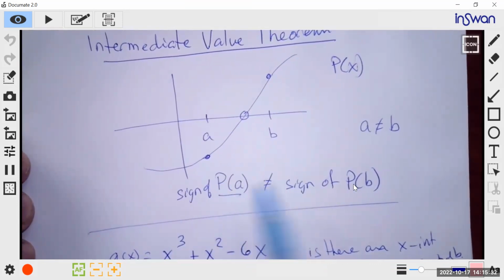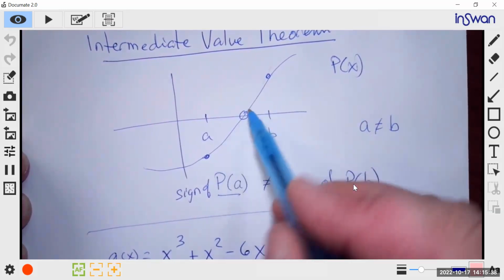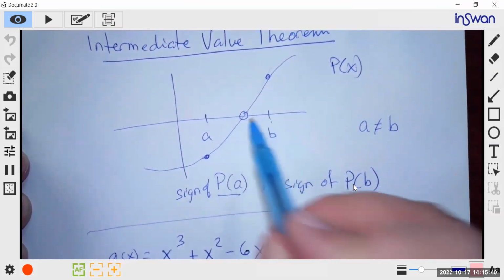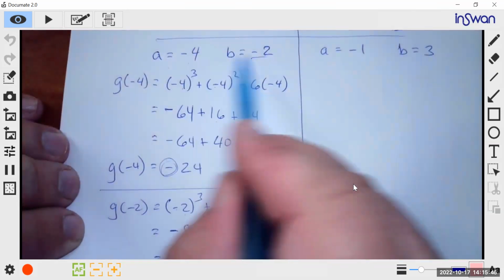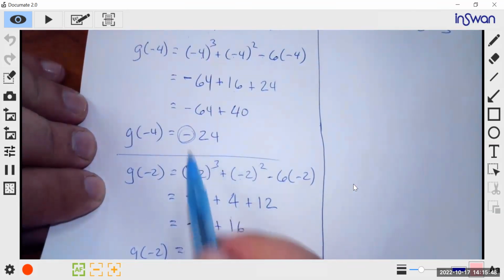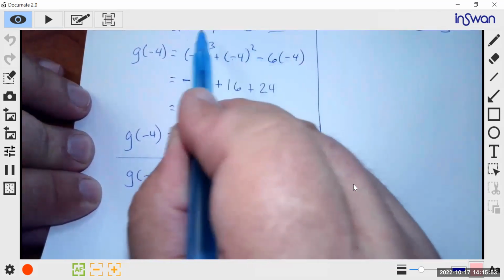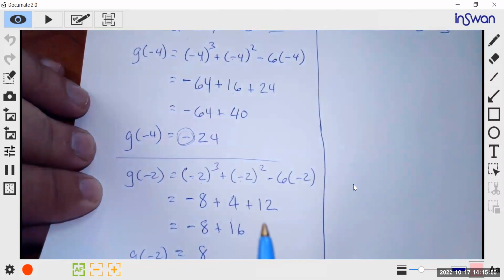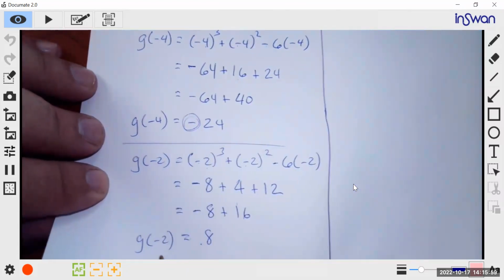If the signs of the two values are different, one's positive, one's negative, that means between A and B, there has to be an x-intercept. So between -4 and -2, since there are different signs, there's at least one of the numbers between -4 and -2 that'll give us a 0. So there's at least 1 zero between -4 and -2.